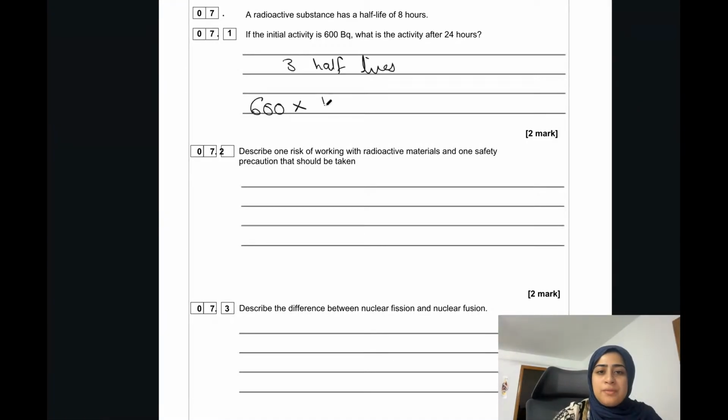So you halve it, then you halve it again, then you halve it again. So 600 times basically a half to the power of 3, which is 75 becquerels. Okay?